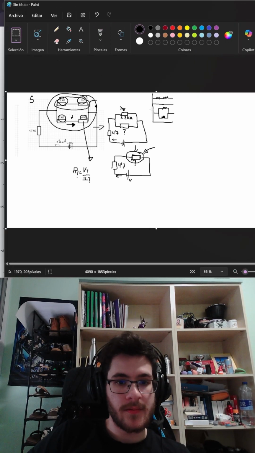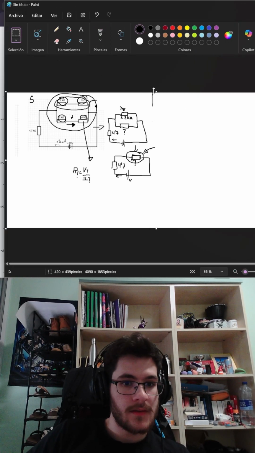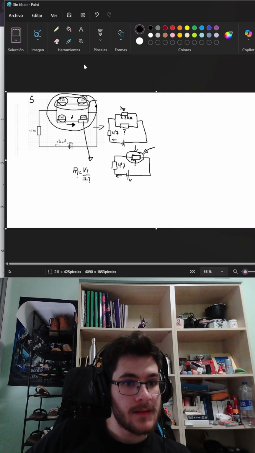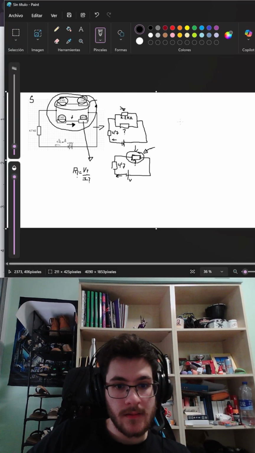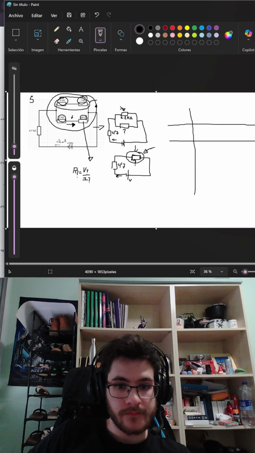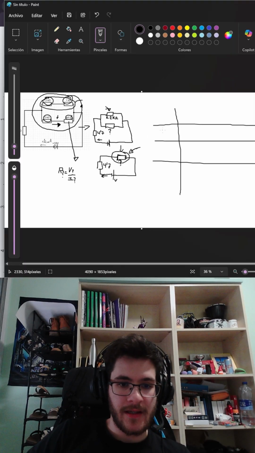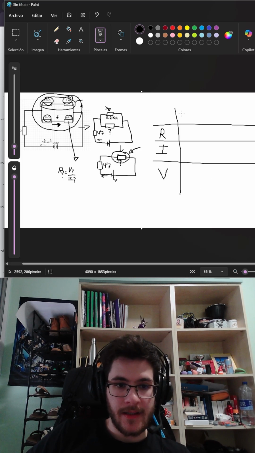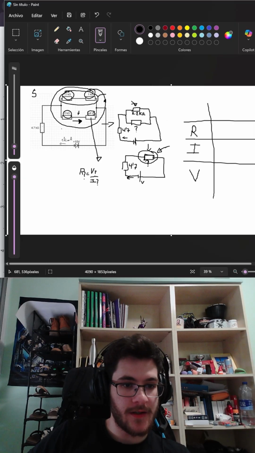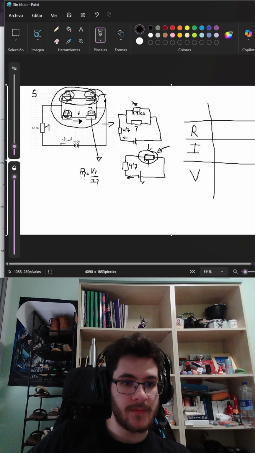One moment, I create the table. It's a big table: resistance, intensity, and voltage. And how many resistances do we have? We have resistance 1, 2, 3, 4, Enigma.